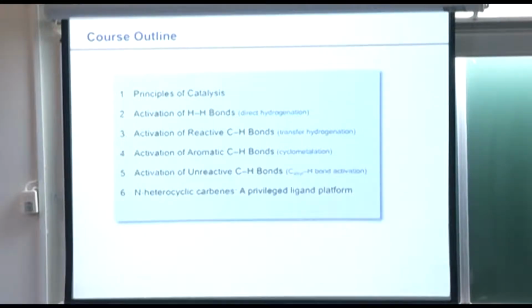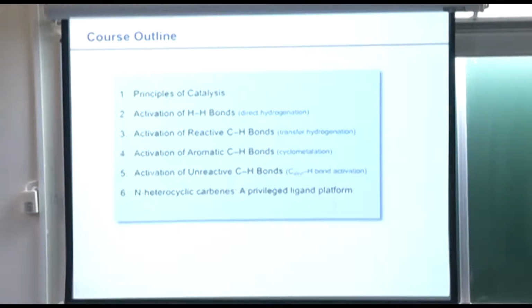So what I thought I will cover in the next hours is, first, to give you a bit of an introduction, so exactly to your question: what is catalysis, what are the fundamentals, what are the aspects we have to consider. Then we look at different activations, especially those that are relevant for fossil fuel feedstocks for energy-related transformations.